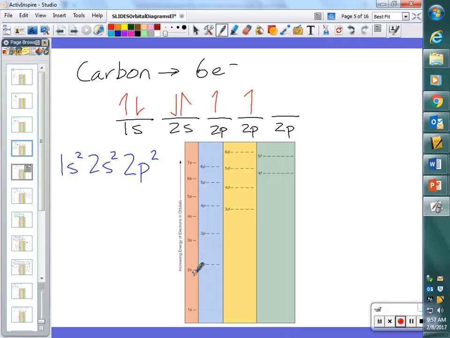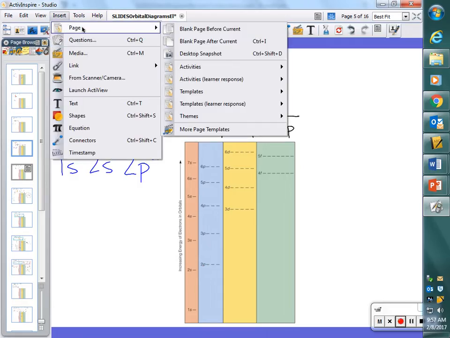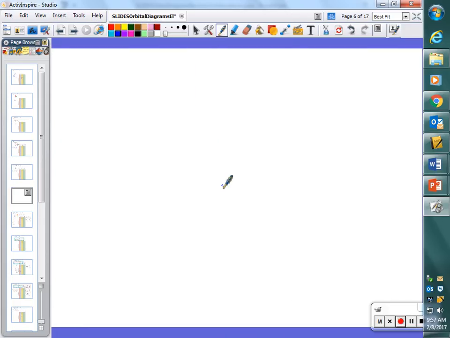All right. Next electron configuration on your outline is actually one that we didn't draw an orbital diagram for, but that's okay. So let's go here. Nitrogen. We look on the periodic table and we find that nitrogen has how many electrons? 7 electrons for nitrogen.